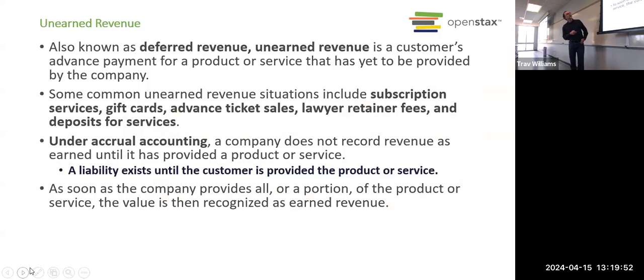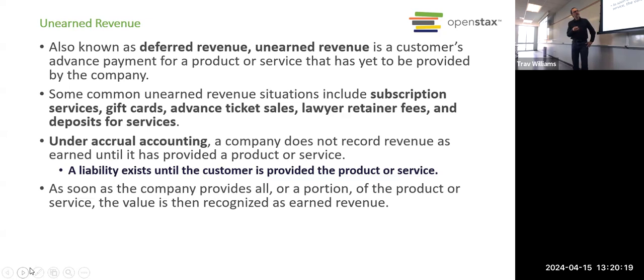All right, so what else? Unearned revenue, as we discussed, it means you owe money to a customer, right? No, I'm sorry, that's not right. You got money from a customer, you owe them the product or service. So I misspoke. But that's still a liability. You still owe them something. So here are some examples.